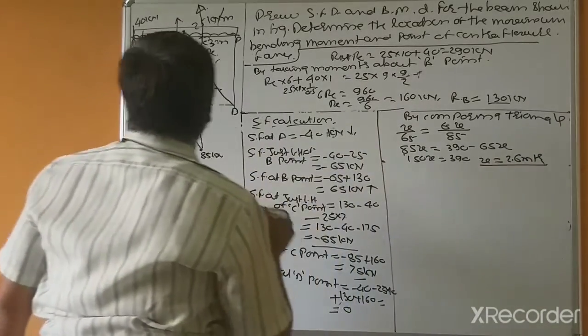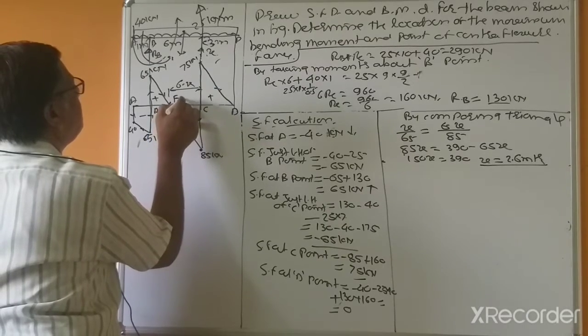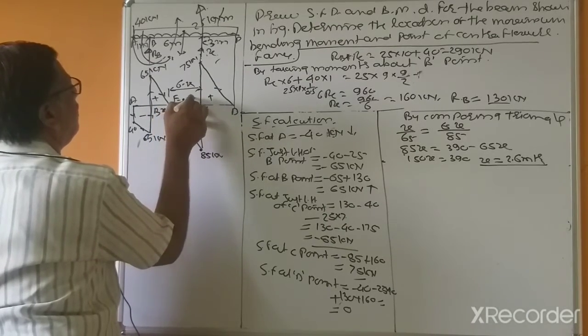So this distance X equal to 2.6 meter, and the remaining distance is 3.4 meter.